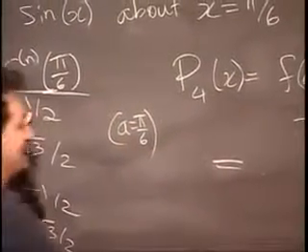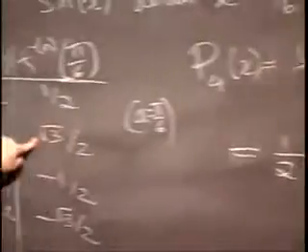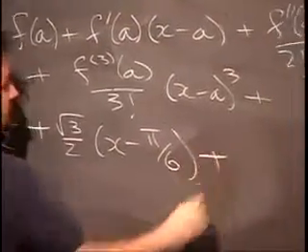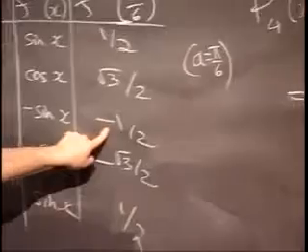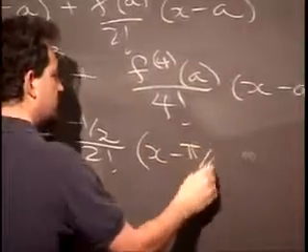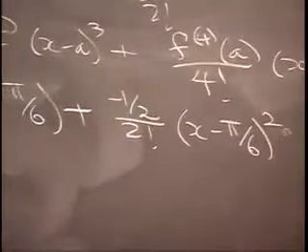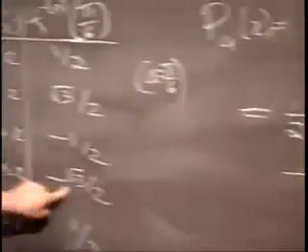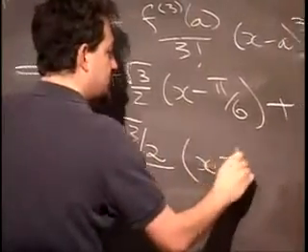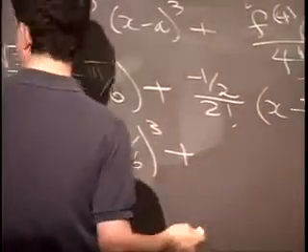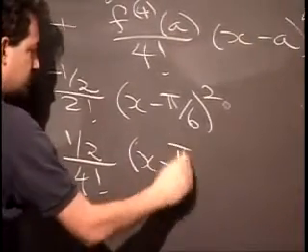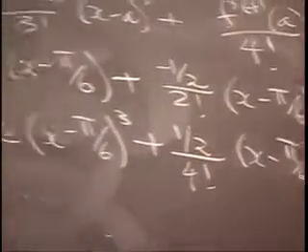And I'm also going to put a equals pi over 6, just to remind myself of this. So in this case, I get 1/2 plus root 3 over 2 times (x minus pi over 6), plus the second derivative is minus 1/2 over 2 factorial, (x minus pi over 6) squared, plus the third derivative is minus root 3 over 2 over 3 factorial, (x minus pi over 6) cubed, and finally the fourth derivative is 1/2 times (x minus pi over 6) to the 4.